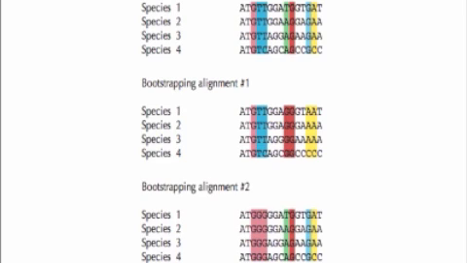Then you ask, how many times do I see this particular grouping in my new data set, where I've oversampled some of the data and undersampled some of the data? If you see the pattern every time you do bootstrapping, that tells you that the pattern is very robust in your data. That is, all the different parts of your data show that pattern.